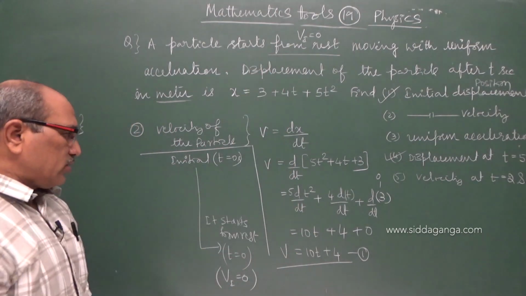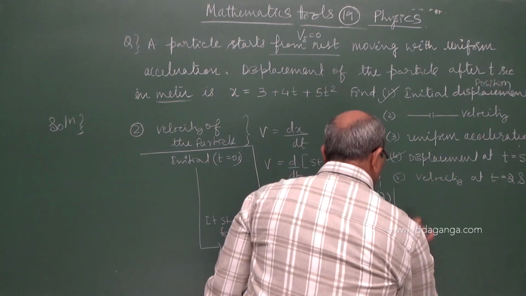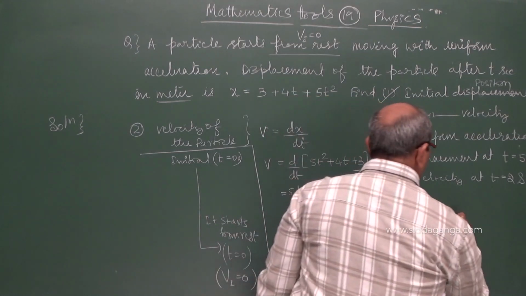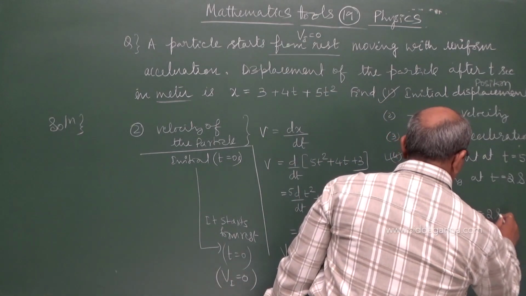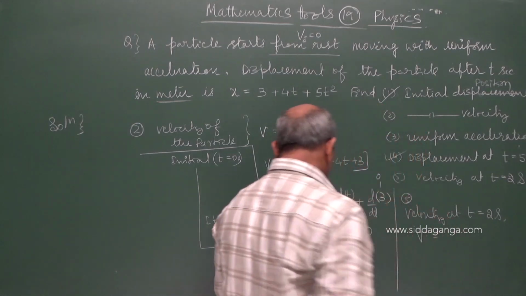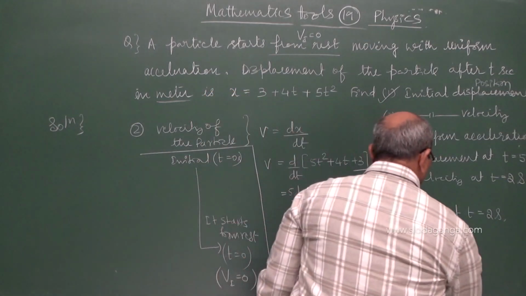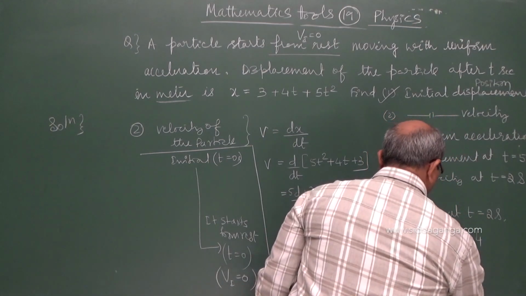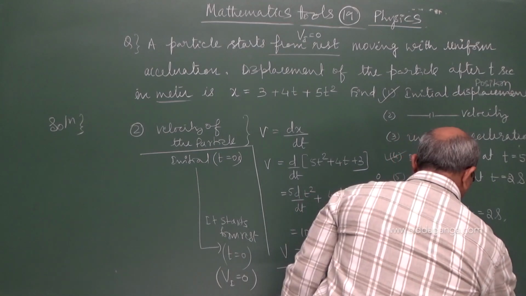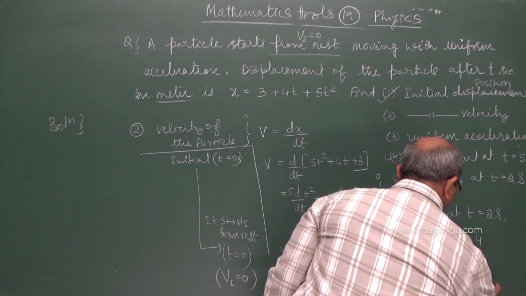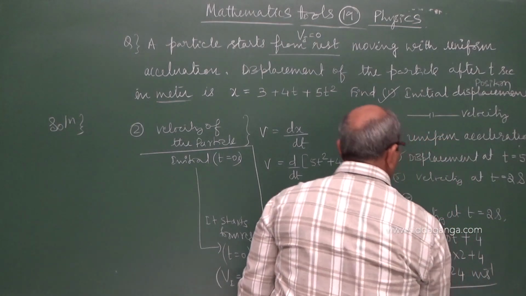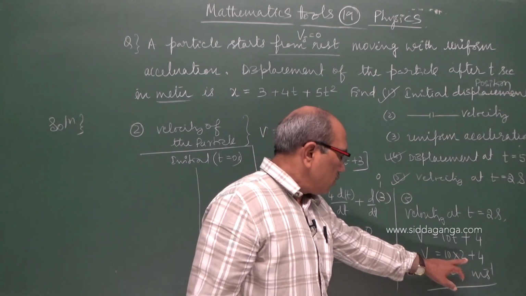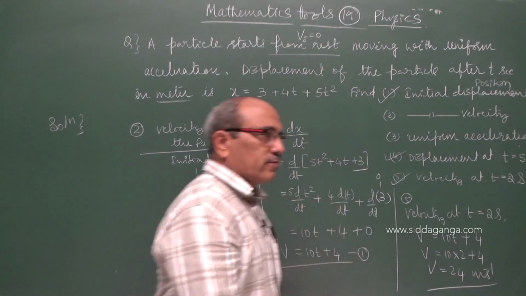For the fifth part, velocity at t equal to 2 seconds, you have the equation velocity equal to 10t plus 4. 10 into 2 plus 4 equal to 24 meter per second is the answer. 10 into t, 2 seconds, is 20, and this 4 adds.